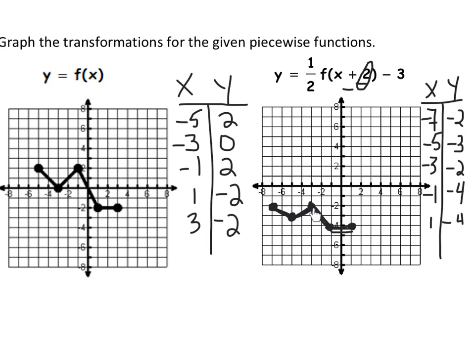It's also shifted to the left 2 units and down 3. So you can see how this transformation turns out once we apply all of these different transformations to this parent function.